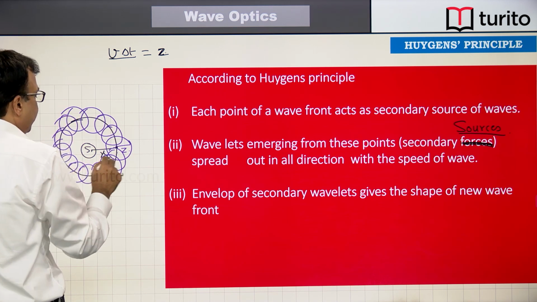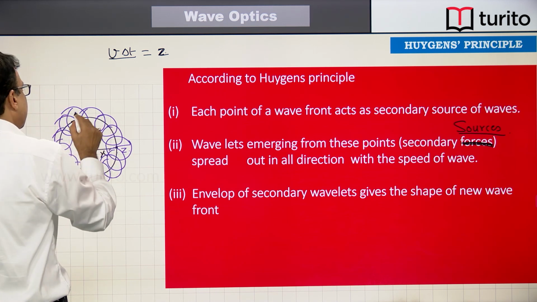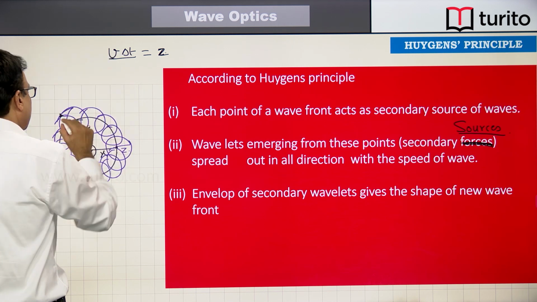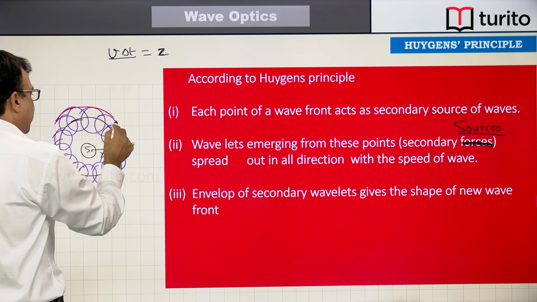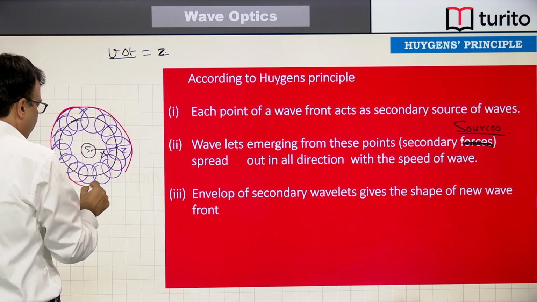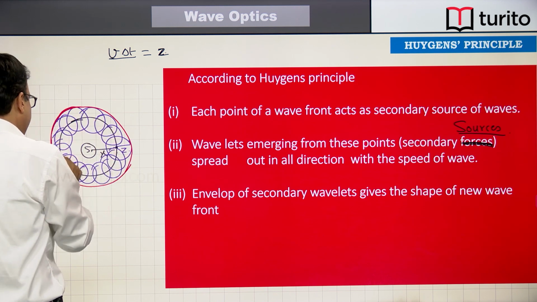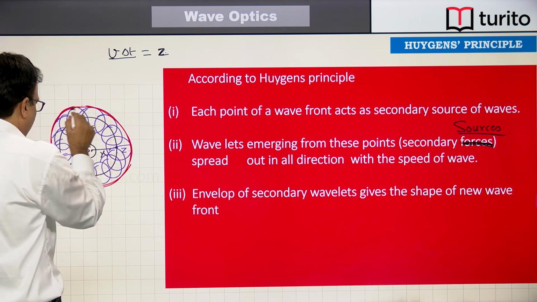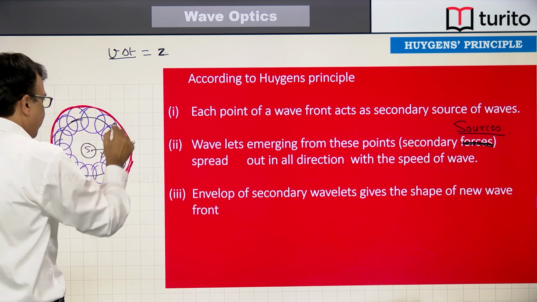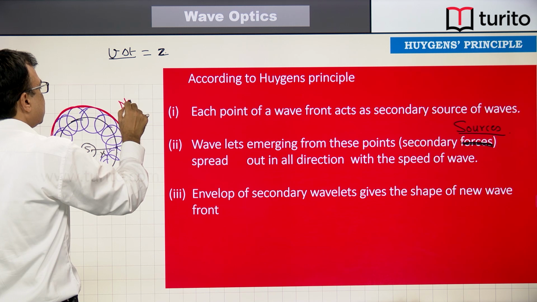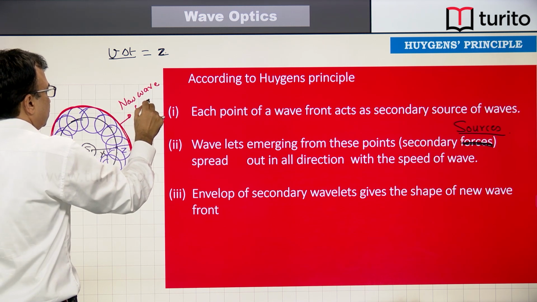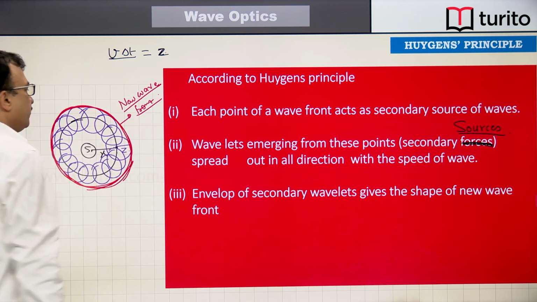If I take the envelope of these spheres, meaning the common tangent, this is the common tangent I am drawing on the surface of the spheres. Okay. So this common tangent I have taken in red color is the new wavefront. This is the new wavefront.